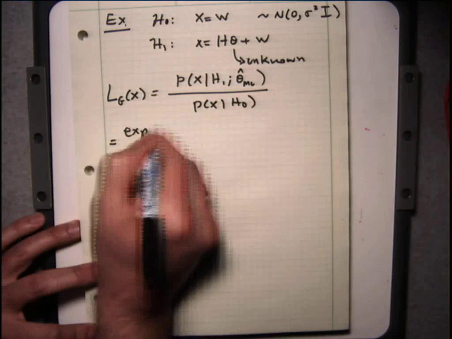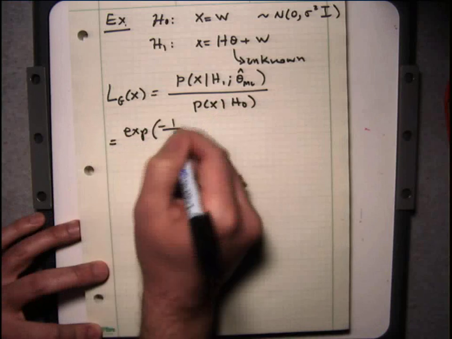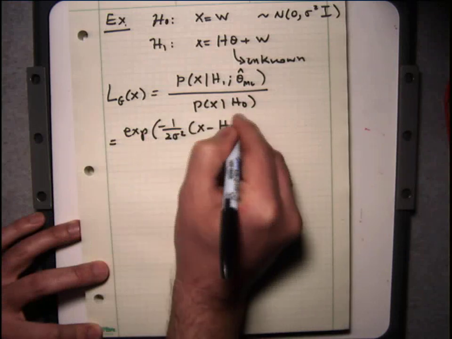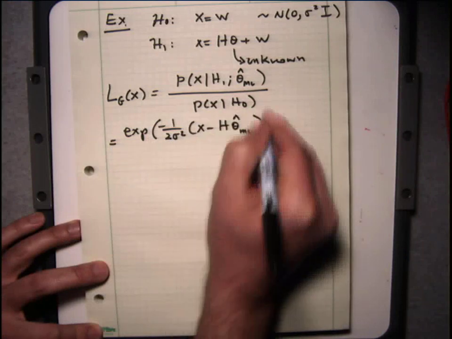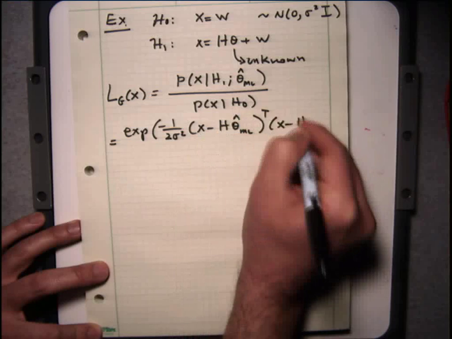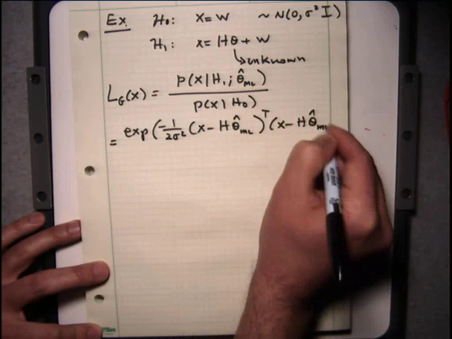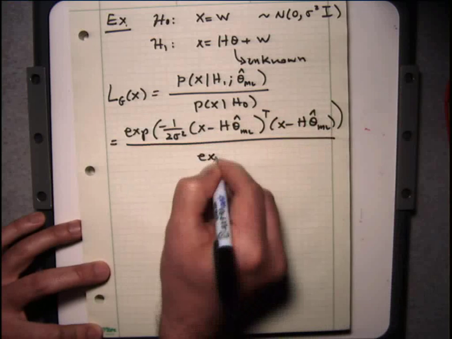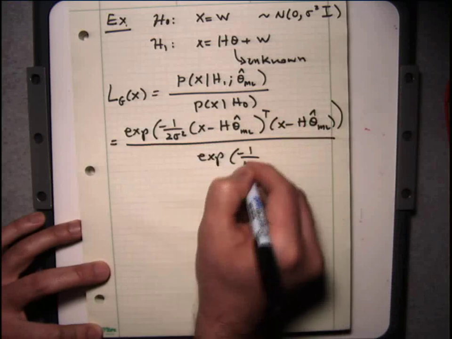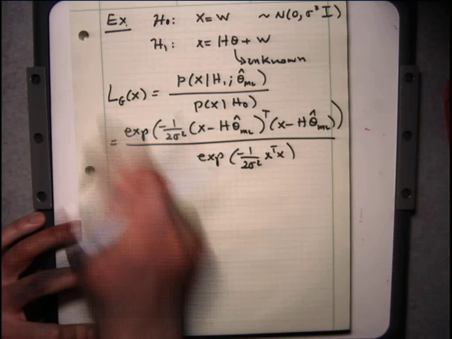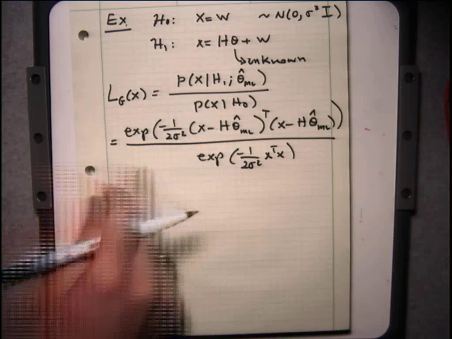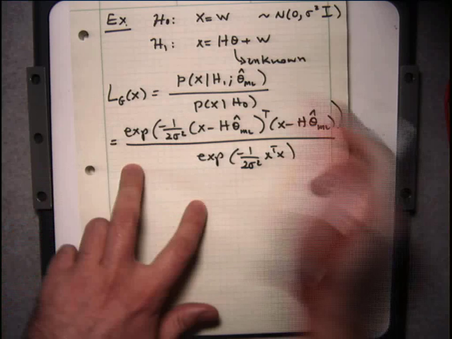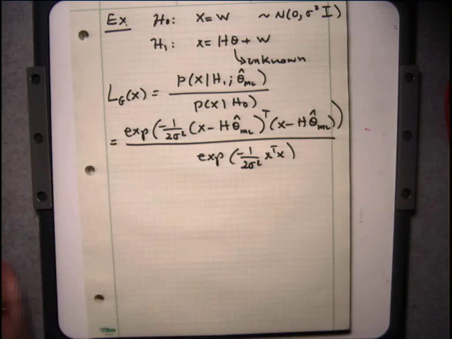It's the exponential of minus 1 over 2 sigma squared times x minus h theta hat ml transpose x minus h theta hat ml, and then in the denominator minus 1 over 2 sigma squared x transpose x. And the coefficients in front of these just cancel each other out, so I don't need to worry about it. And so this is the generalized likelihood ratio.